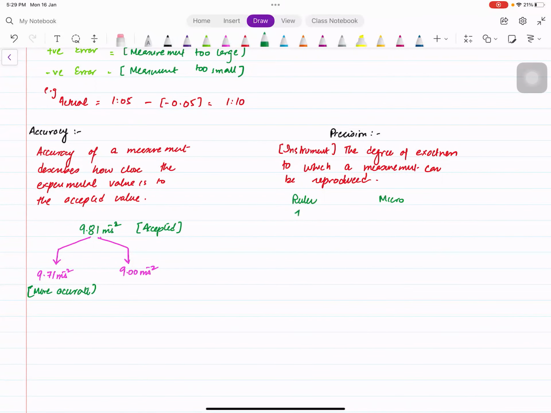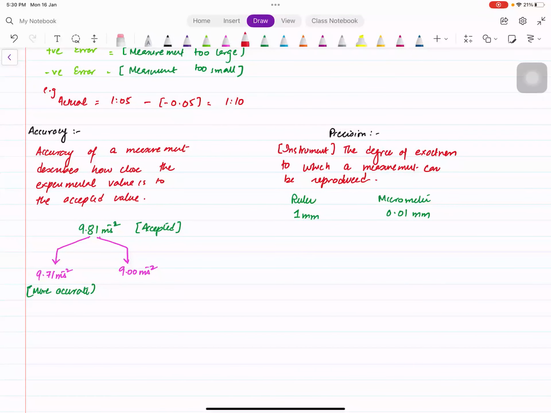Like let's write in millimeter, that is 1 millimeter of precision, and a micrometer gives you 0.01 millimeter, like 100 times more precise. So that means that a micrometer is a more precise instrument than a ruler if you're doing the same experiment with these two, okay?